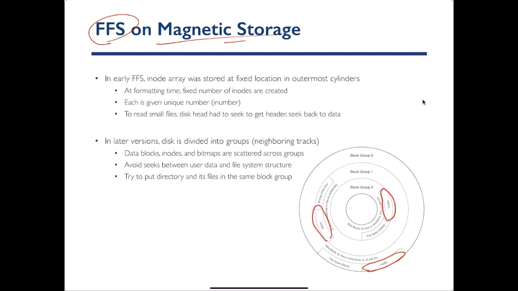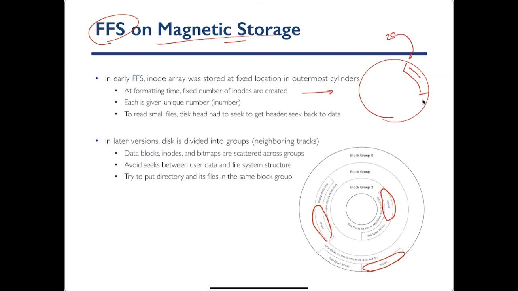So in the early days, there was just a single inode area, and this would be bad because you would have to first read your inode to see which blocks are used for your file. Let's say you have file number 20.